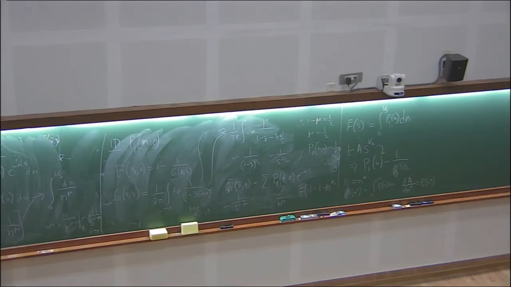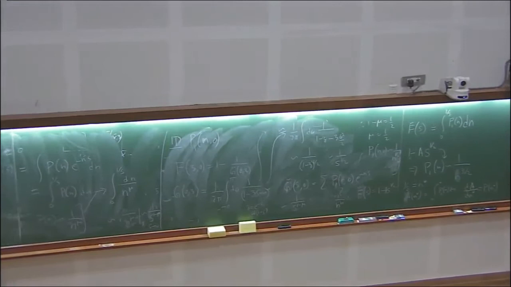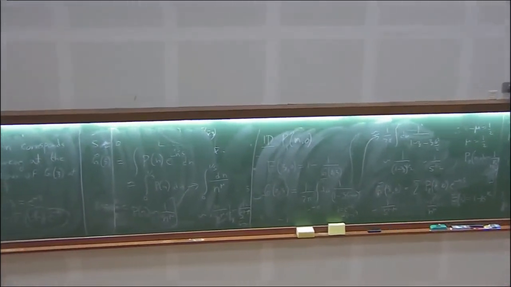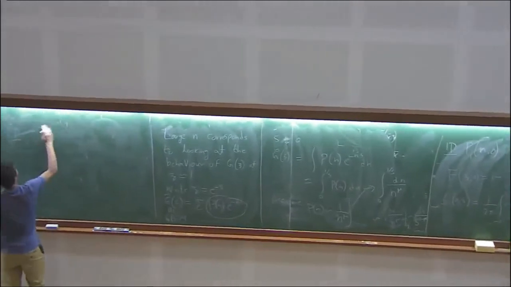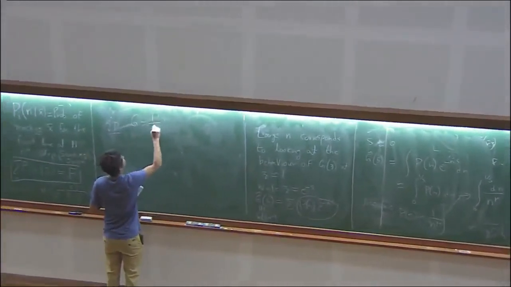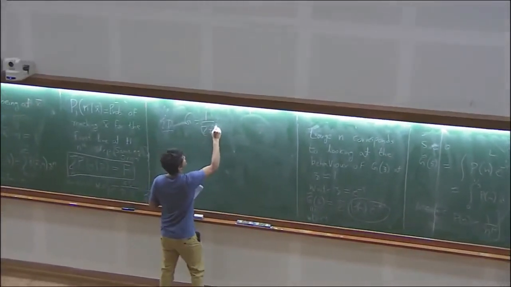Okay, so you can also do this in 2 dimensions. So if you do it in 2 dimensions, first you have to compute the g function, and g is of course 1 by 2 pi squared, the integral over d theta.